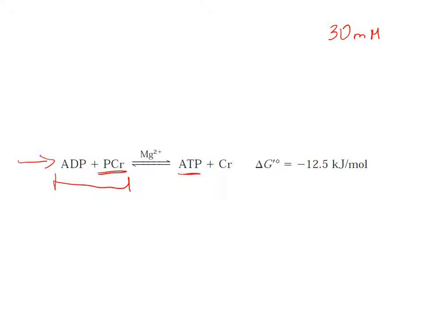This reaction is catalyzed by creatine kinase. So when a sudden need of ATP arises, the phosphocreatine reserve can be tapped into to generate ATP very rapidly.